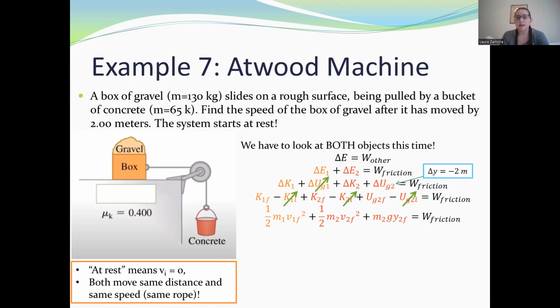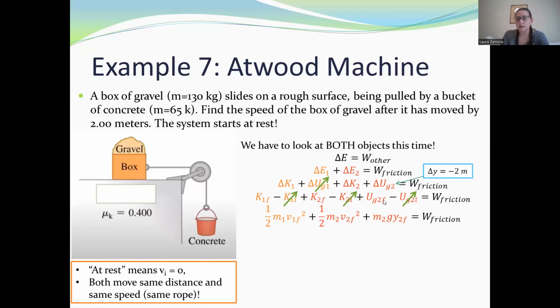Okay, so now our equation has been simplified quite a bit from that choice of our coordinate system. All right, so kinetic energy, 1/2 mv squared for our first object. Kinetic energy for the second object, the bucket, 1/2 mv squared.